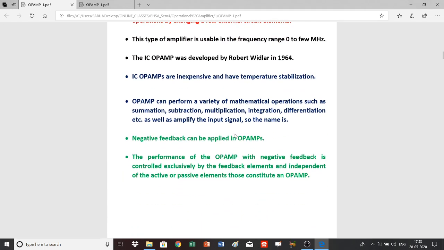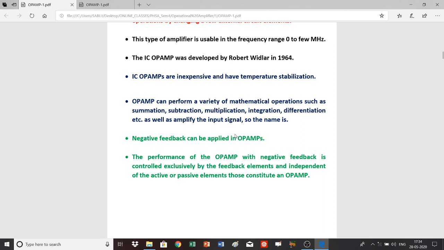And I have already given you a clue that OPAMP can perform a variety of mathematical operations, for example, addition, subtraction, multiplication, integration, differentiation, etc., which were used in case of analog computers.